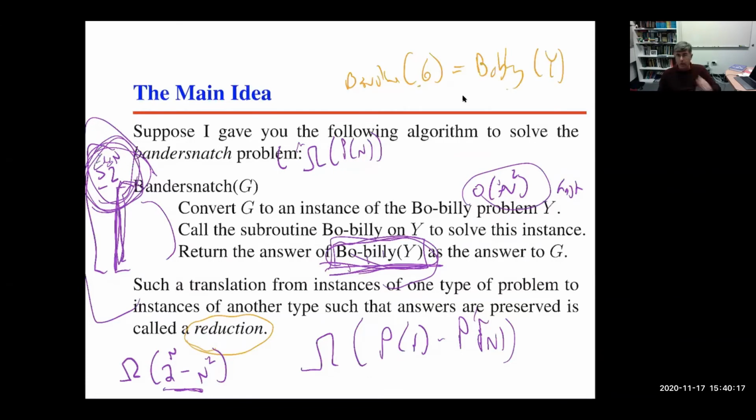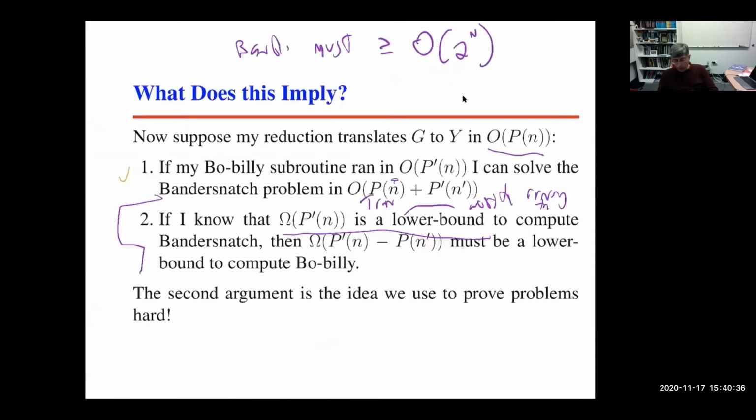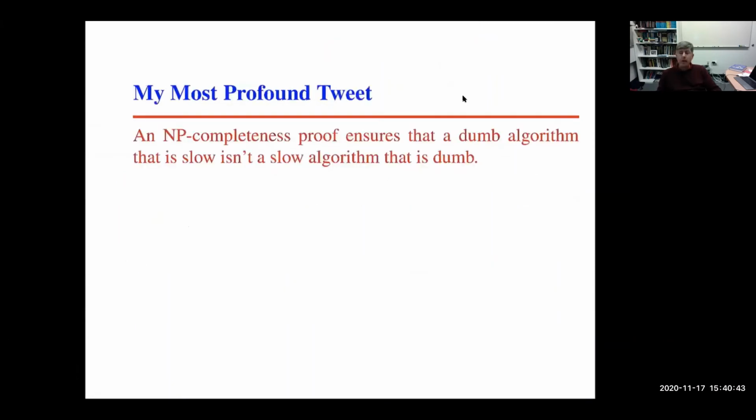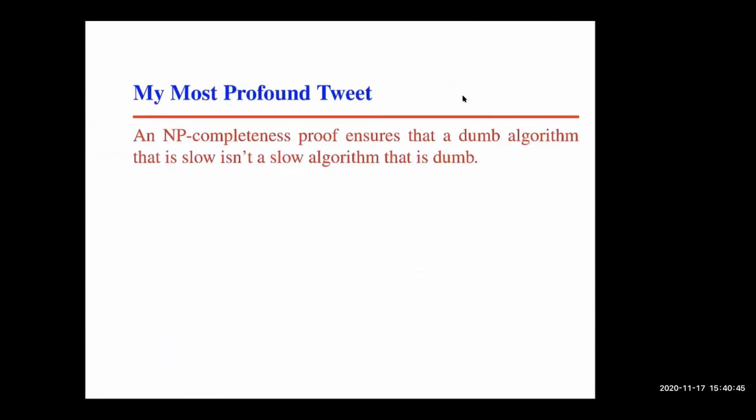That's the argument. If this is hard, and if this will solve Bandersnatch, mobility time plus translation time has to be greater than 2 to the n. Any questions about that? Okay. Any questions about this reasoning? Okay, you will see those slides again, but I encourage you to think about that.